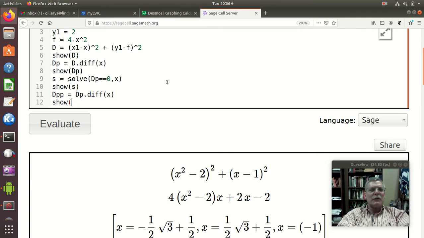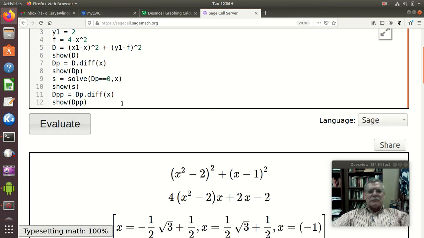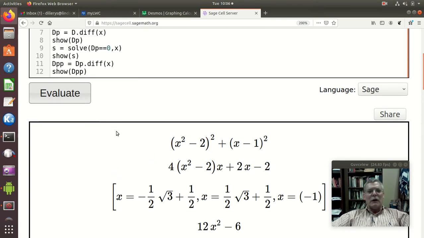Whoops, not s, dpp, and I evaluate. And there's that 12x squared minus 6 that I'd gotten. This is much quicker than what I did by hand, right? So there's my second derivative.